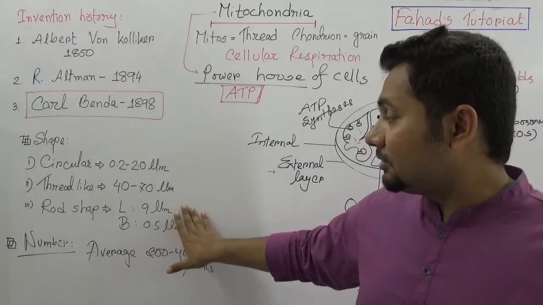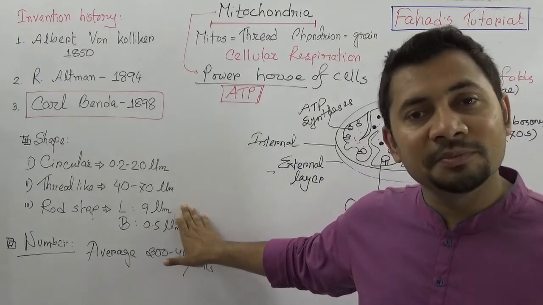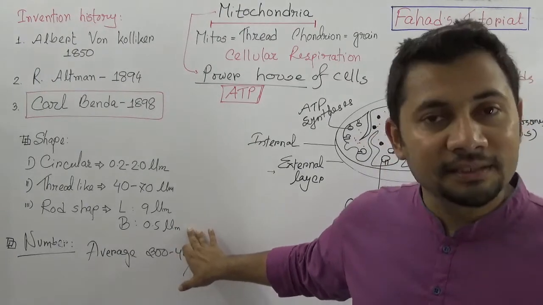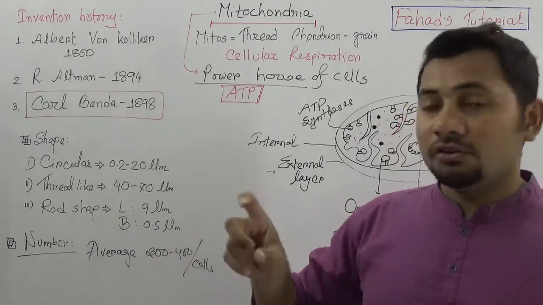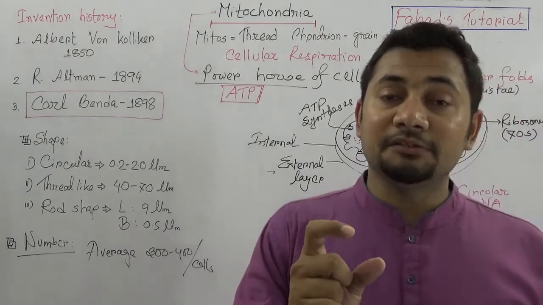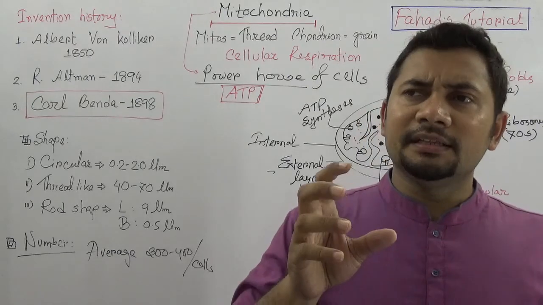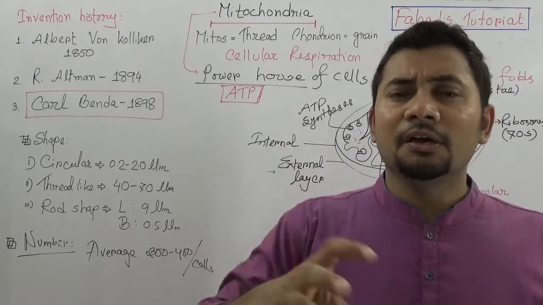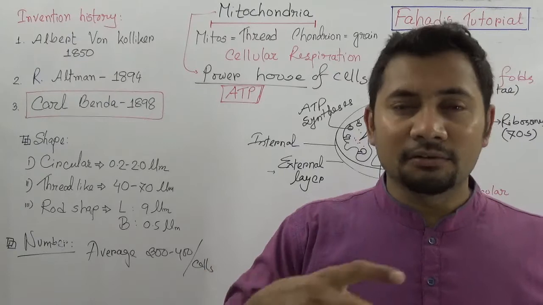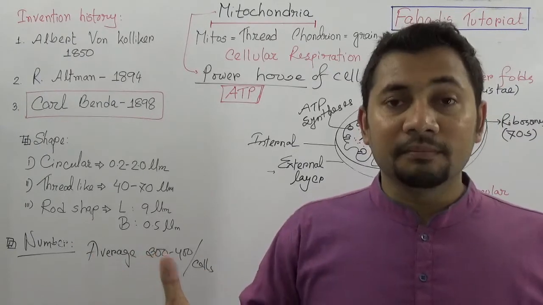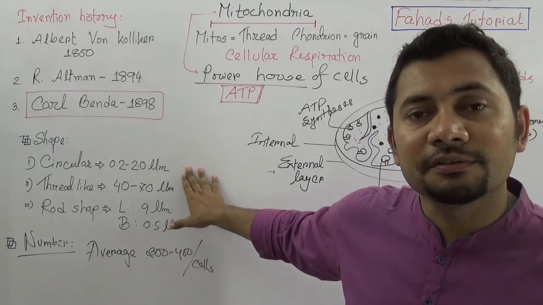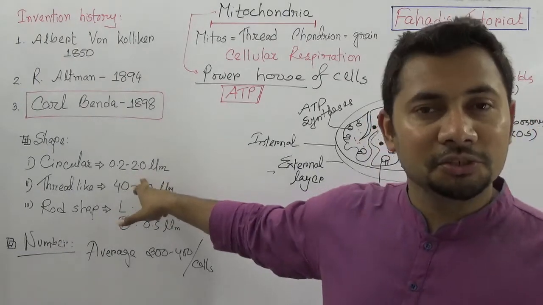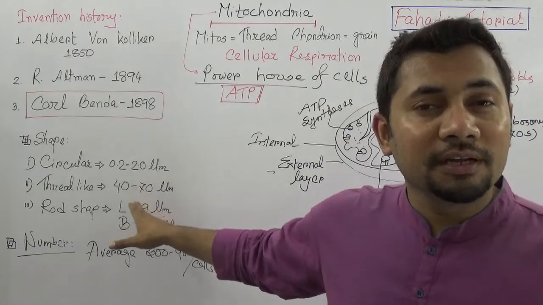In rod-shaped mitochondria, the length would be 9 micrometer and the breadth would be a maximum of 0.5 micrometer.